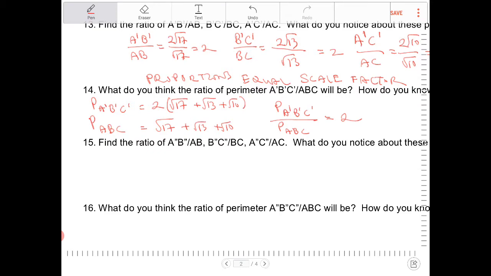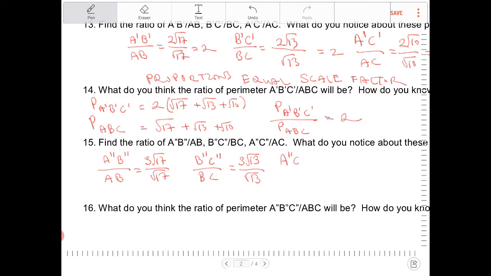Find the ratio of A double prime, B double prime to AB. So here, A double prime B double prime over AB. This was 3 square root of 17 over square root of 17. B double prime C double prime over BC. This was 3 square root of 13 over square root of 13.